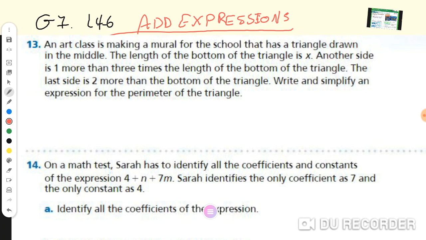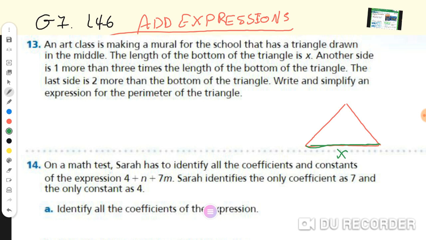So in the middle we have a triangle. Consider that this is the triangle. The length of the bottom of the triangle is x. The bottom is this part, so this part is x. This is the length.